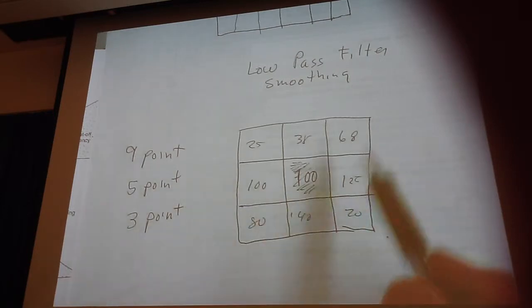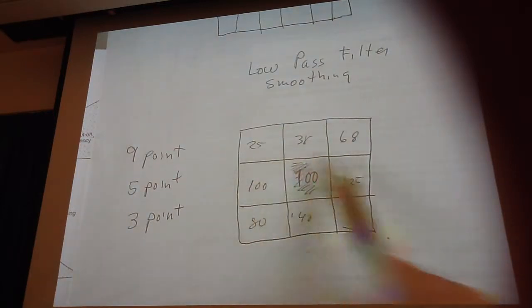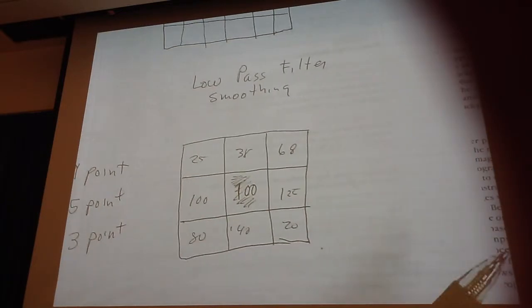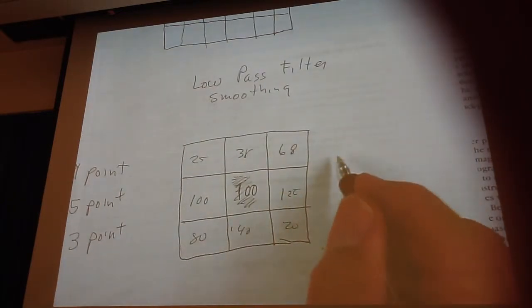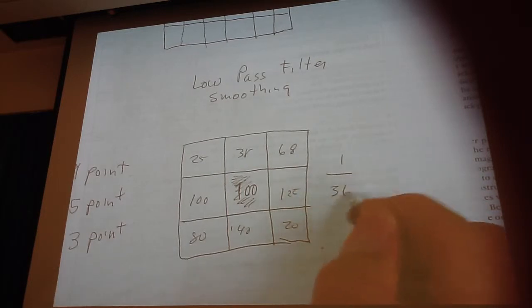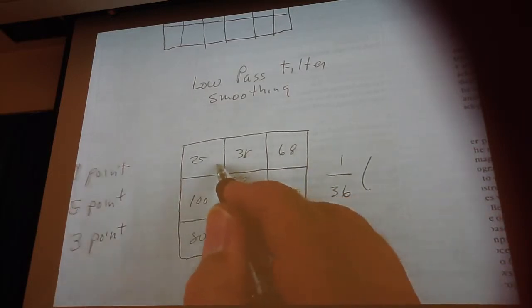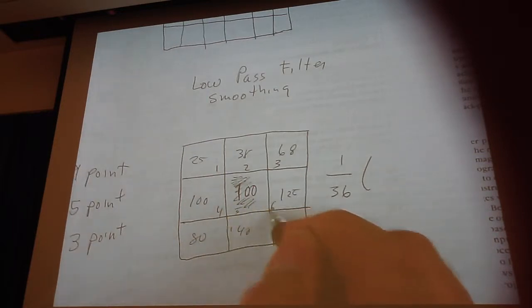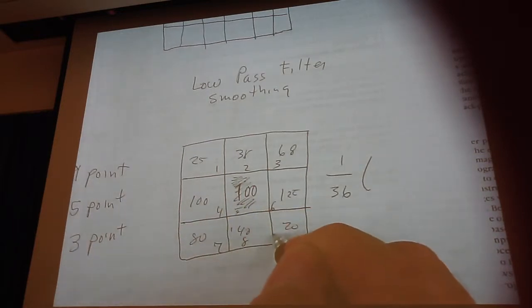So a 9-point smooth would look at these surrounding 9 pixels, and again, I can't remember the formula off the top of my head, but it's 1/36, and this is pixel number 1, 2, 3, 4, 5, 6, 7, 8, 9.